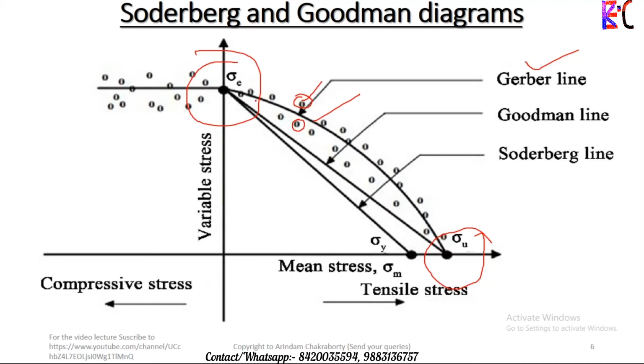Goodman told that you could also design a safety design by using straight line equations, that is, the linearized equations. Fine. Then Soderberg came up and told that you could also design a solution in terms of the elastic region, by using a linearized line.